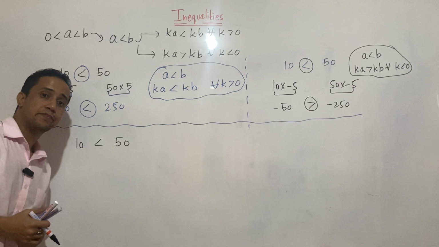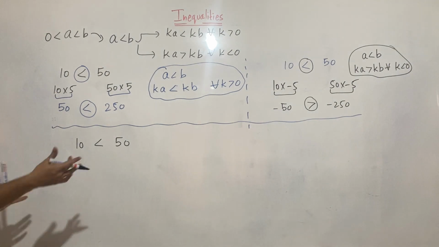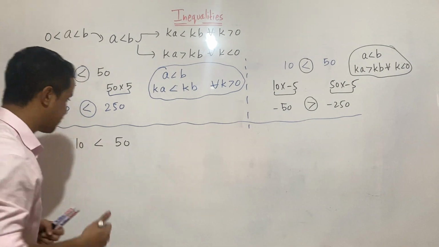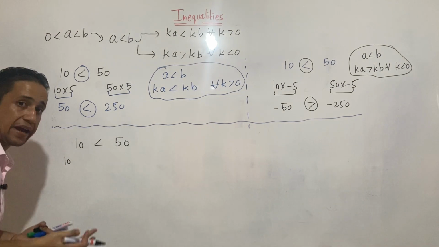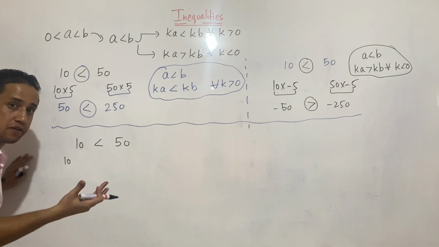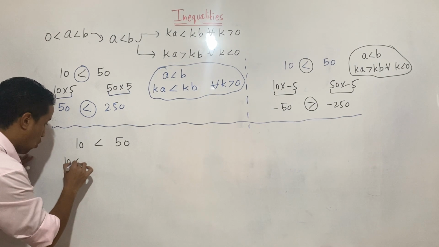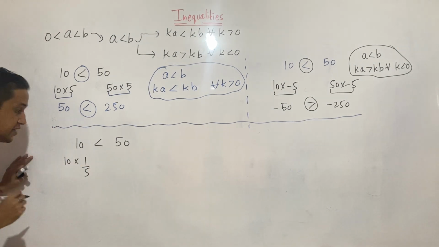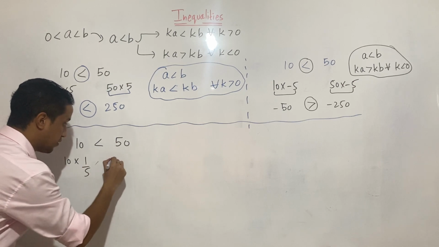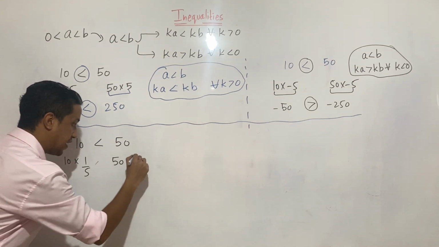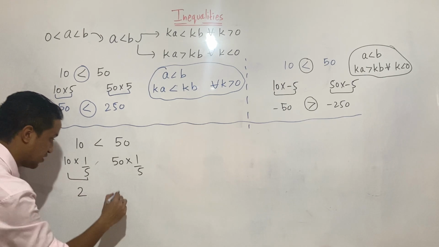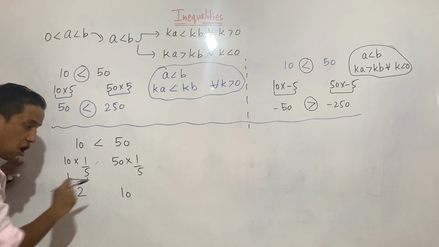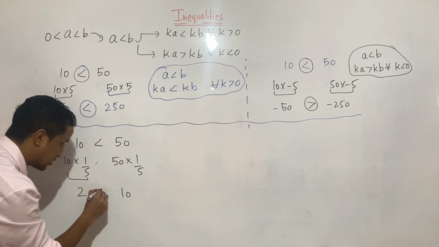This time, if I divide either side by, let's say, 1 by 5, so division is also a kind of multiplication, means 1 by 5. 10 divided by 5 is going to be 2 and 50 divided by 5 is going to be 10. Now obviously 2 is less than 10.